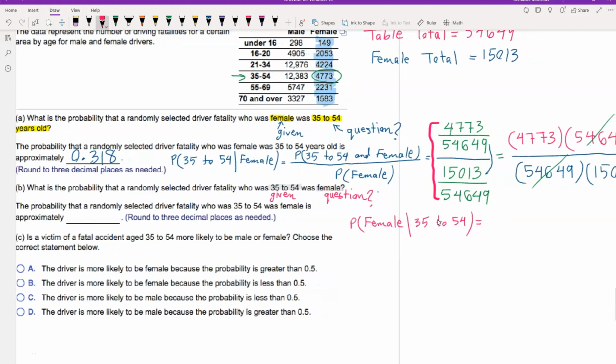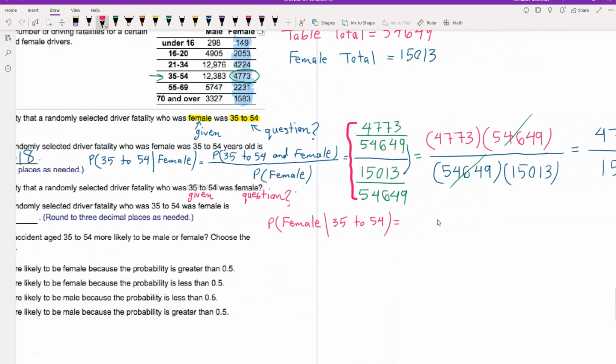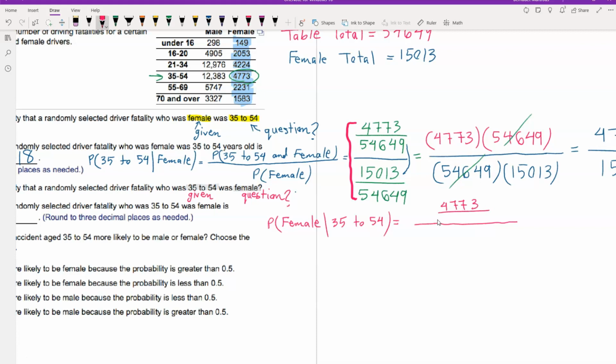that is equal to the probability of female and 35 to 54. So that is the same as what we did in part A. And then divided by what is given, the probability of 35 to 54.